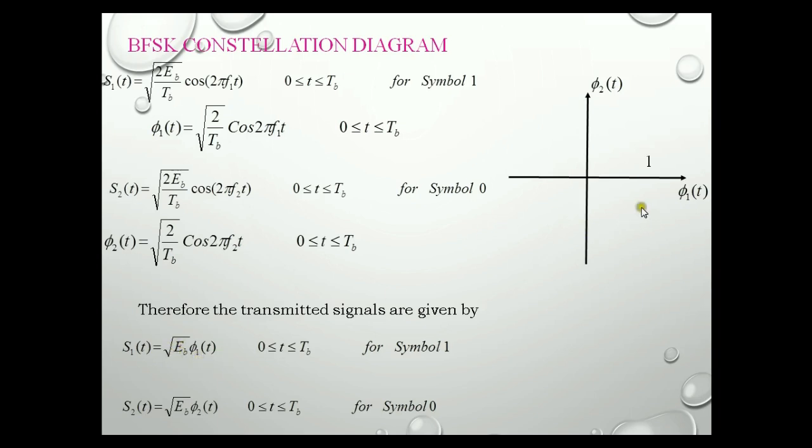So we can represent binary 1 with the magnitude equal to square root of EB along the axis psi 1 of t. Similarly, for binary 0, the FSK signal has a magnitude equal to square root of EB with respect to psi 2 of t. So I can represent binary 0 with a magnitude equal to square root of EB corresponding to psi 2 of t.